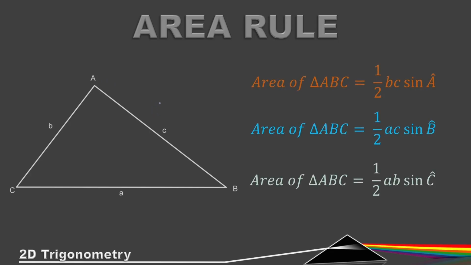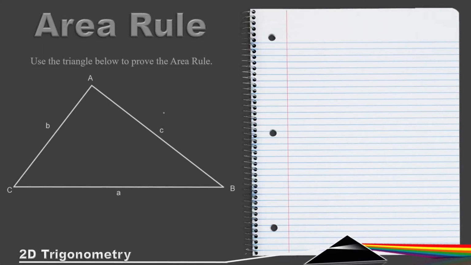Alright, so let's see how we are going to prove this. Now here we have this triangle, and it says to prove the area rule. And once again we are going to construct this line, and we're going to name this point D again. Now this line is actually the perpendicular height.